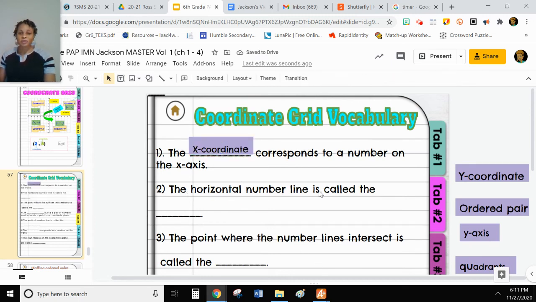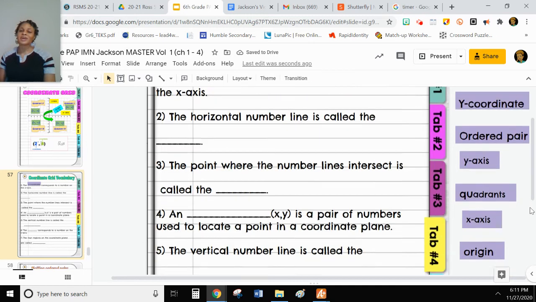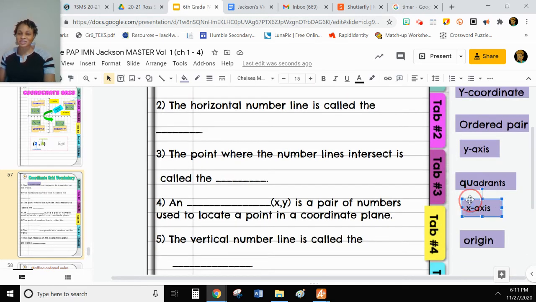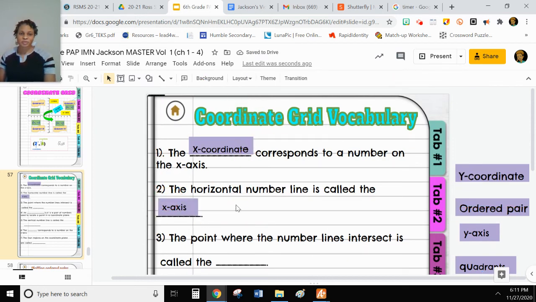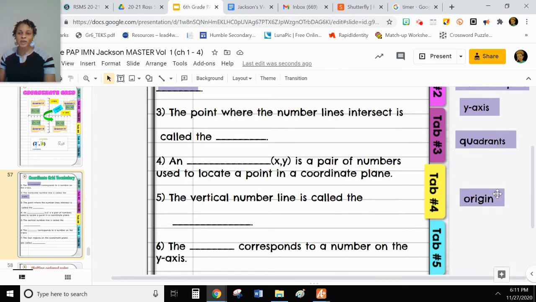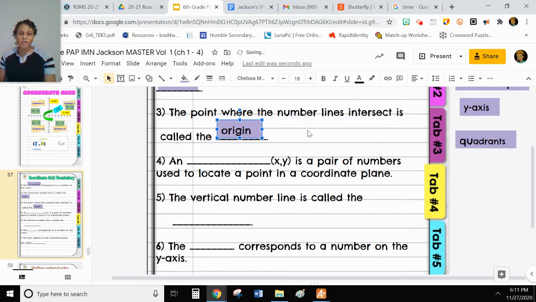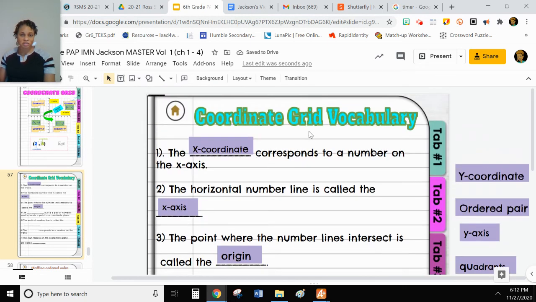The horizontal number line is called the x-axis. The point where the number lines intersect is called the origin. Yes, we've already talked about this. The point where they meet or intersect is the origin. So make sure you're following along and putting these in your notebook as well.